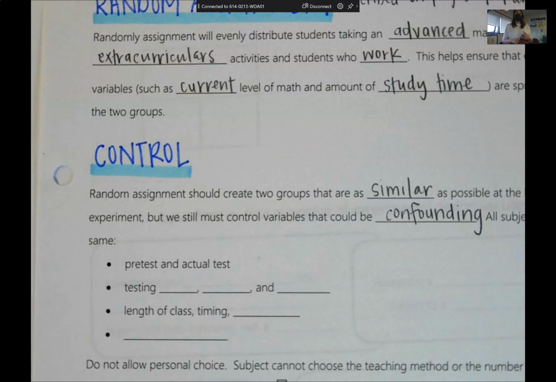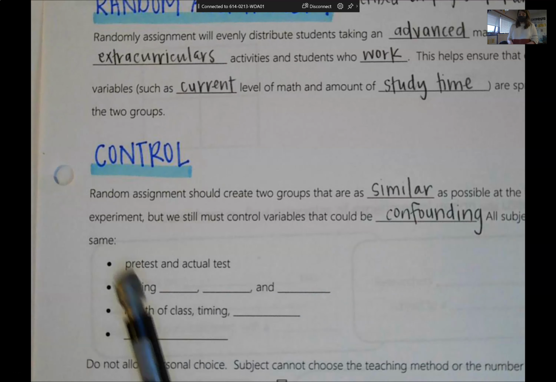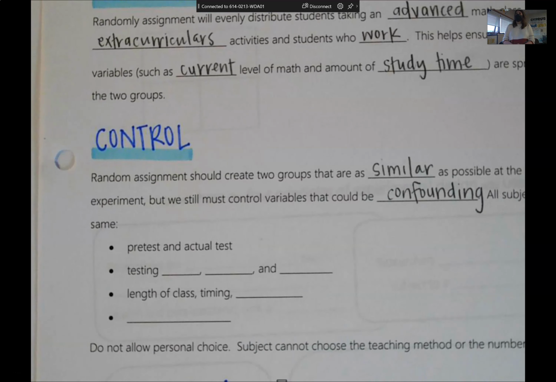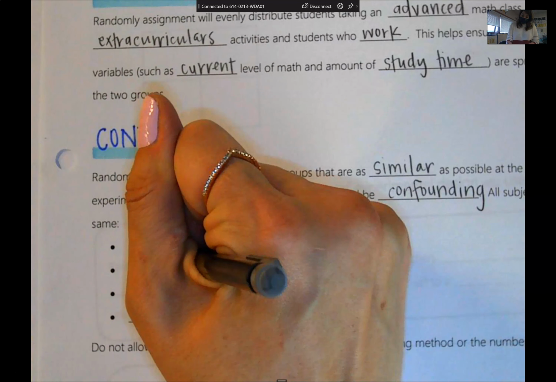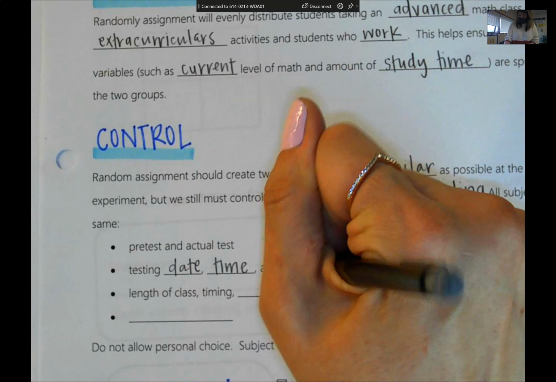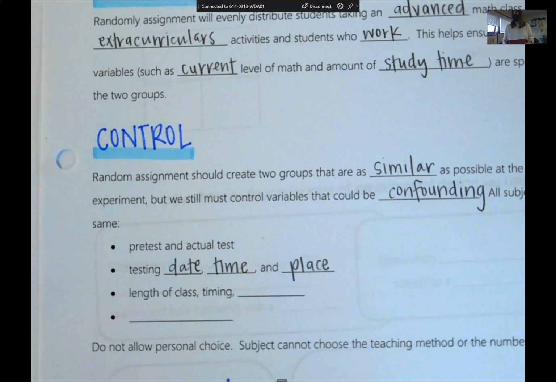We can't control what math class these kids are in or how much they work or whether they do things after school, but we can control that they take the same pretest and the same actual test. We can control the date that they test, the time that they test, and the place that they test.